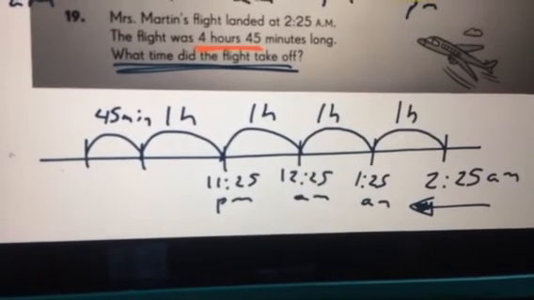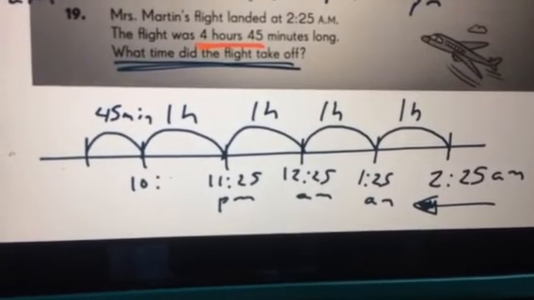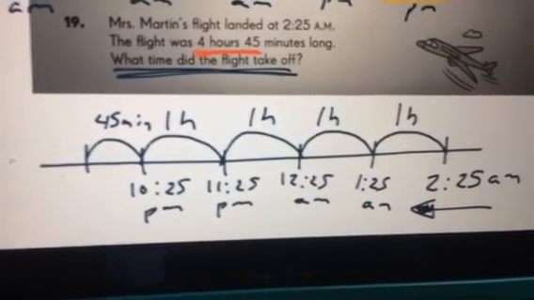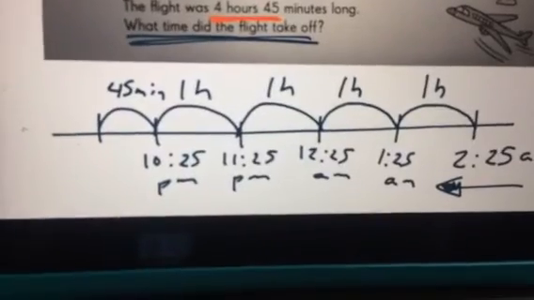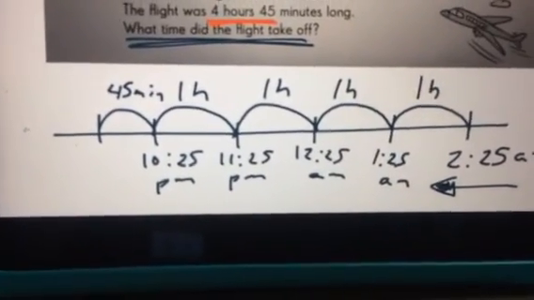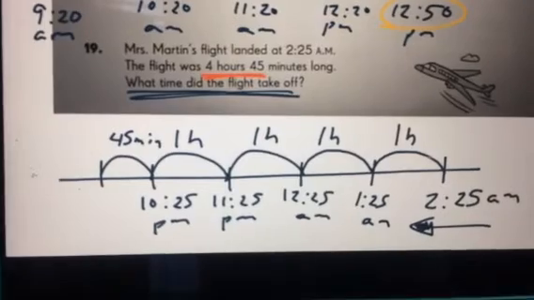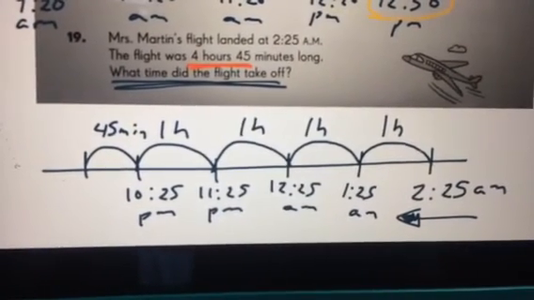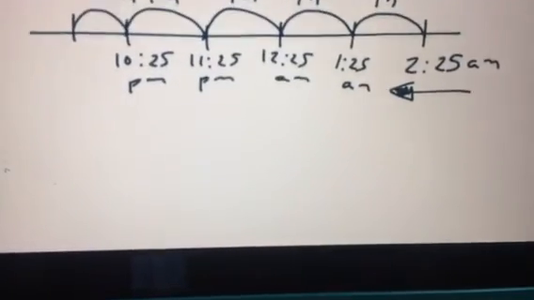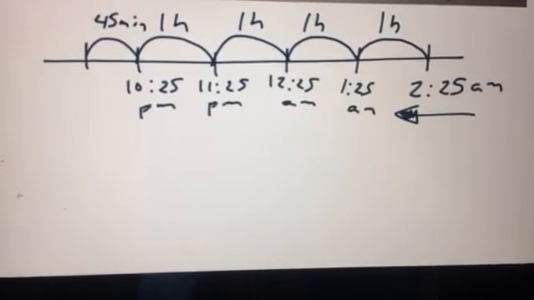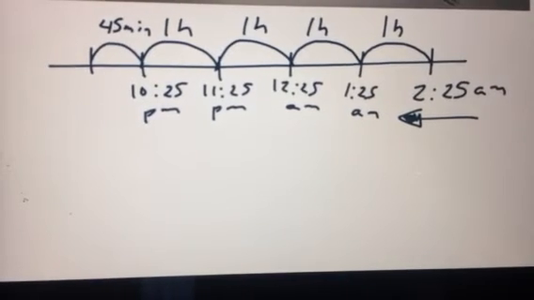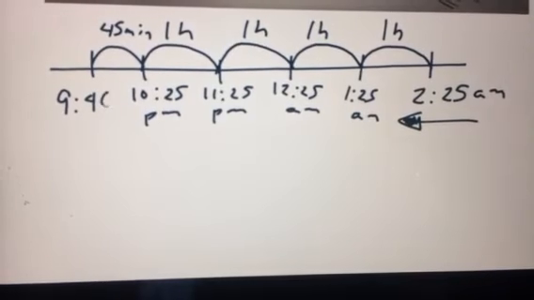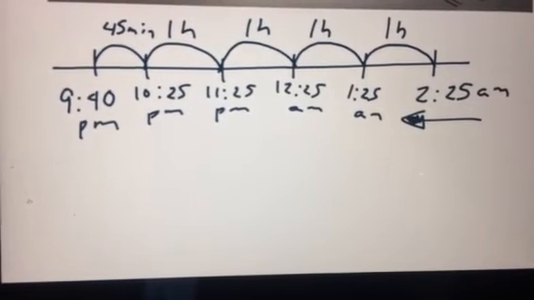And then another hour less, 10:25 p.m. And now we have to go backwards from 10:25 until the time that the flight took off. Now, some of you needed your Judy clock, and that is absolutely fine. Feel free to use the Judy clock if you need to, to figure out the beginning time. And I'm just going to tell you it's 9:40 p.m. is when it took off.